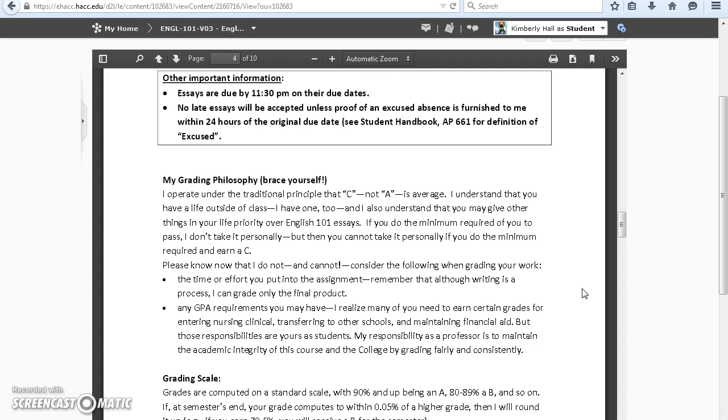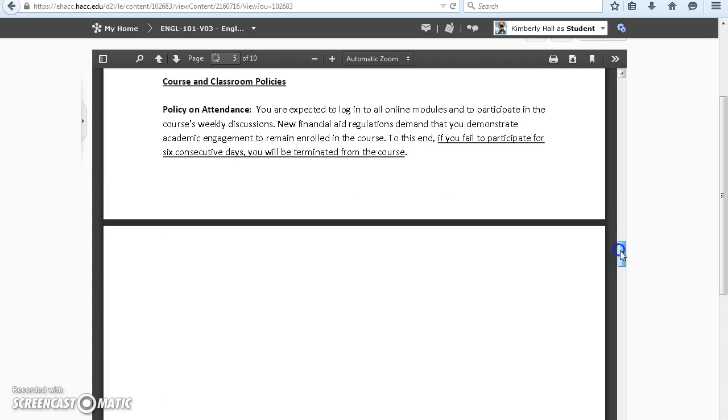The other thing that I really can't factor in is any GPA requirements you have to keep financial aid or get into clinicals or be reimbursed by your employer or something like that. I have to be fair to everyone and be consistent in my grading, so those things can't factor into the grades that I give. The grading scale is standard, so we'll skip over that.